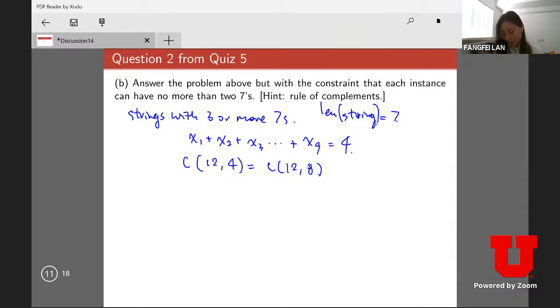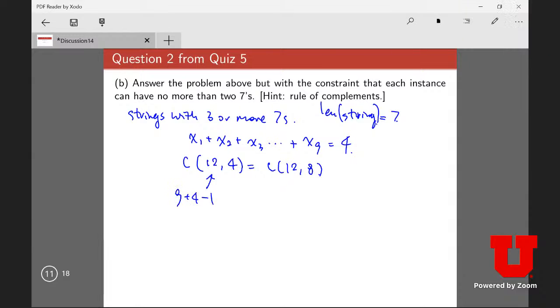Like, it doesn't matter. Same thing. So how do you get 12 again? From 9 plus 4 minus 1. Yep, 9 plus 4 minus 1. So that's 12, 4. Okay, so what is the final answer then? So then I did C of 15 comma 7 minus C of 12 comma 4. Yep.